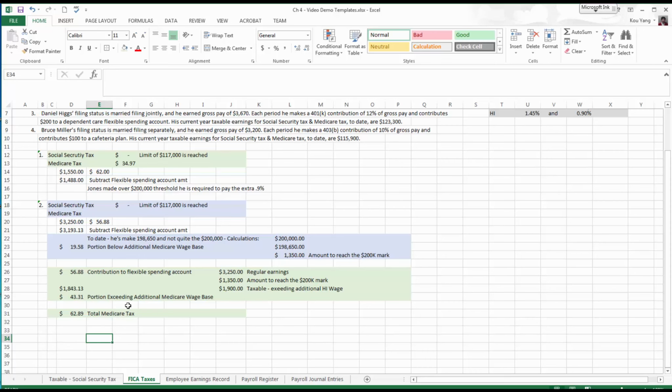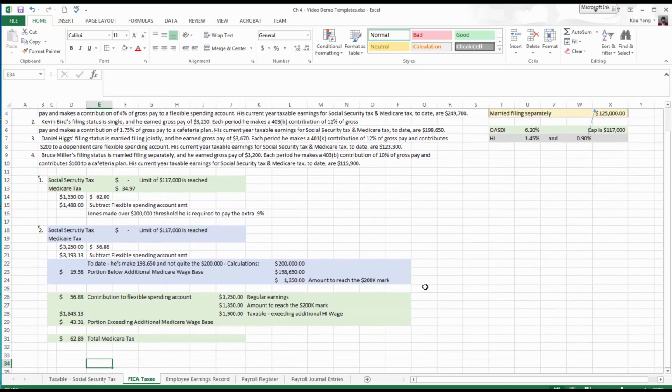So as you can see, I broke it up. So I went ahead and said, okay, well, he's going to be taxed at a different amount once he reaches 200,000. So how much does he need to be able to reach that 200,000 for the regular 1.45% rate?